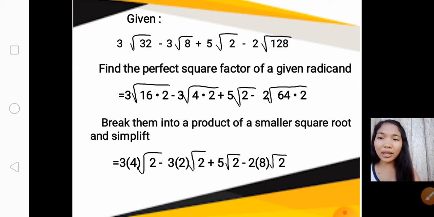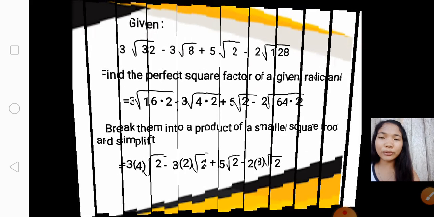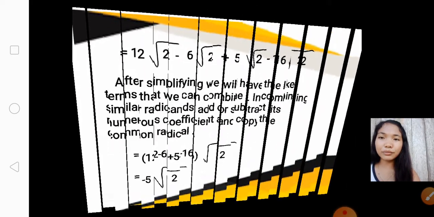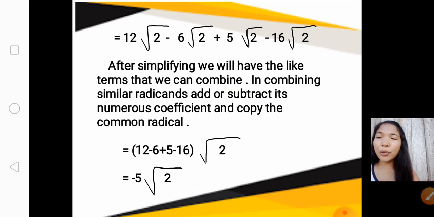And then copy the 5 and the square root of 2, minus 2 times 8 is equal to 16 on the square root of 2. So, 12 on the square root of 2, minus 6 on the square root of 2, plus 5 on the square root of 2, minus 16 on the square root of 2.